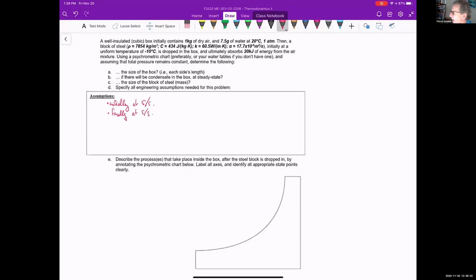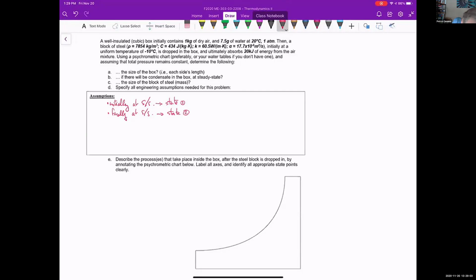It's a little bit stating the obvious, I think, but it's not a bad process, just so that you're clear what it is that you're trying to approach here. So it's a transient problem, and we're going from state 1 to state 2, and both of those states are 2 different steady state points. Okay, that's what we're doing.